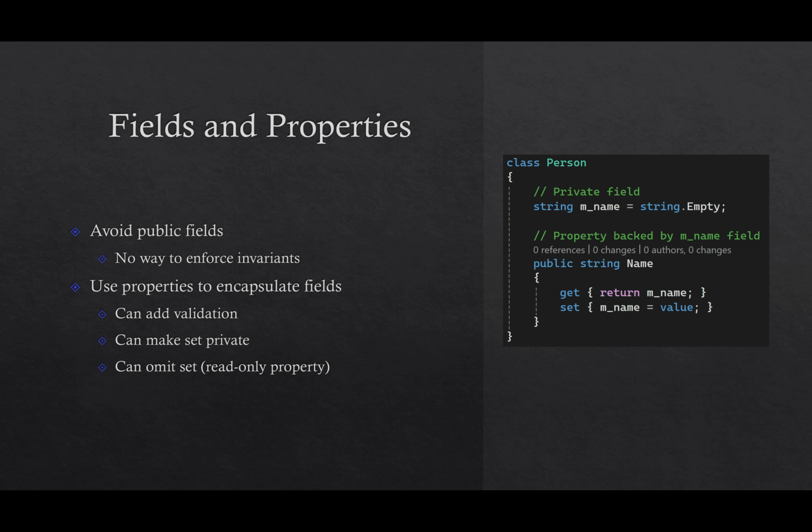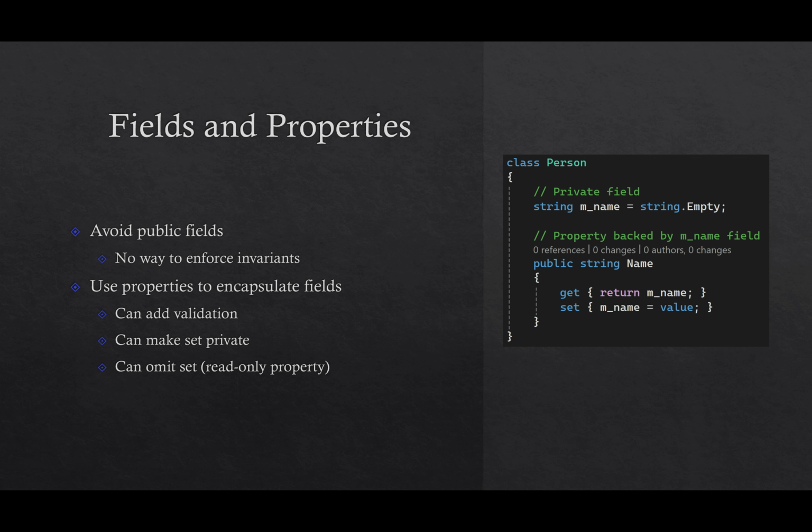It doesn't have any logic that restricts how you access the variable. You just set it or get it just like you would any other variable. Because of that, there's no way to enforce your invariants. If you have a public field, there's no way to stop the users of your class from setting that field to any value they want. So there's no way to enforce internal consistency, for example.